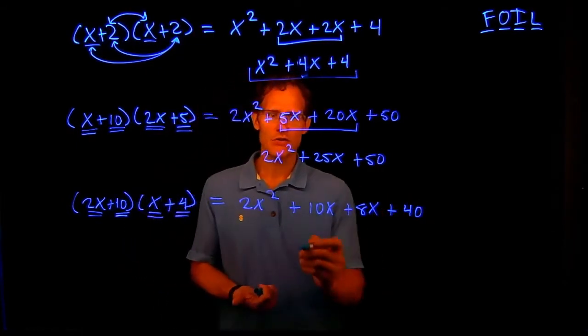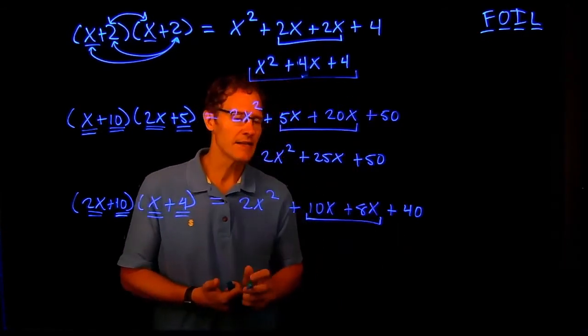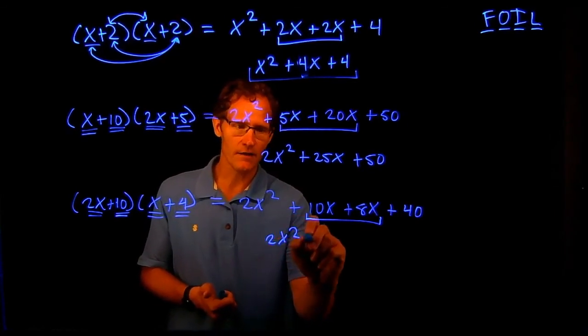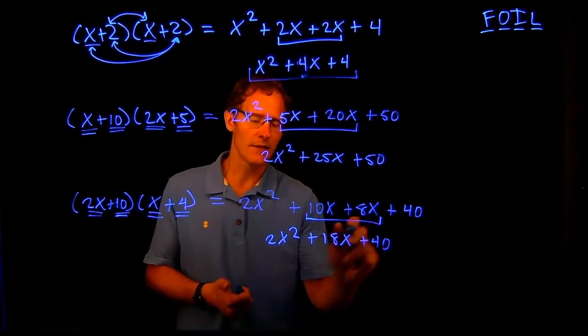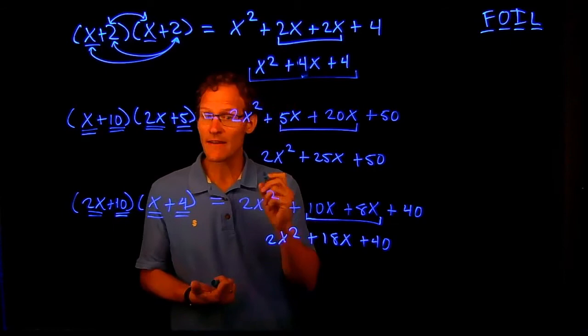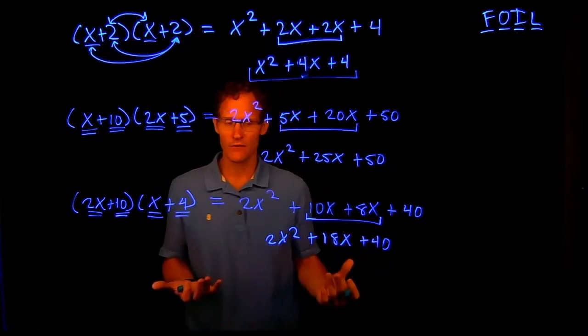Okay? Just like we saw previously, we can simplify these by combining 10x and 8x. So we get 2x squared plus 18x plus 40. Okay, and as it turns out, we can actually simplify this one step further if we want to.